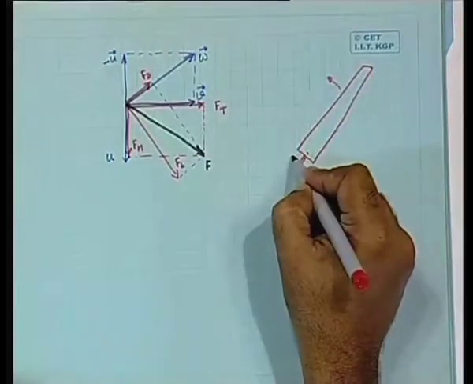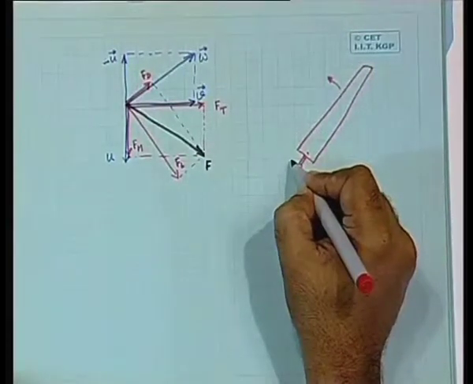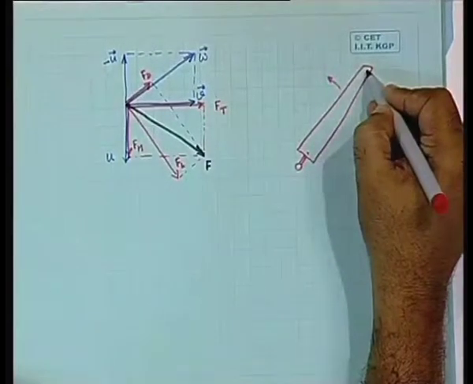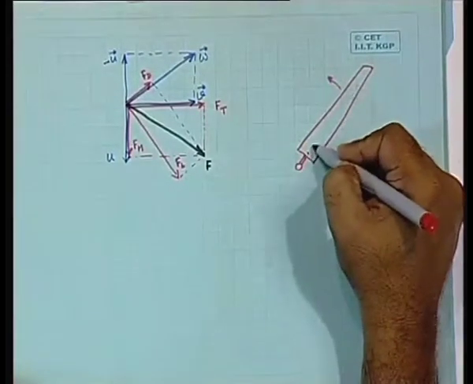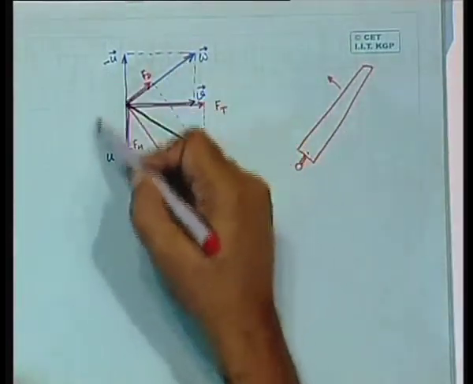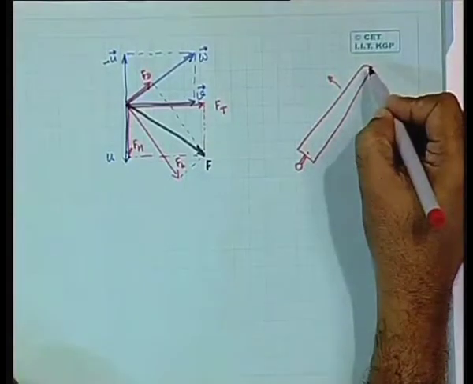If it rotates at a certain angular velocity, it is not difficult to see that the linear velocity here will be different from the linear velocity here. So the linear velocity along the blade will change, and therefore these vectors will be different, both in magnitude as well as direction as you go along the blade, right.